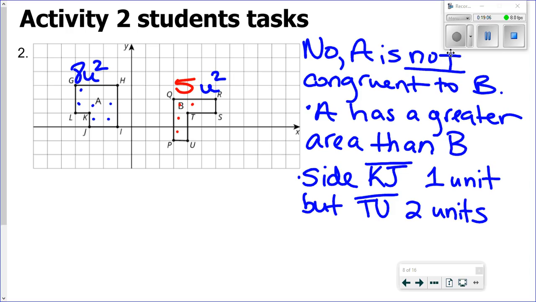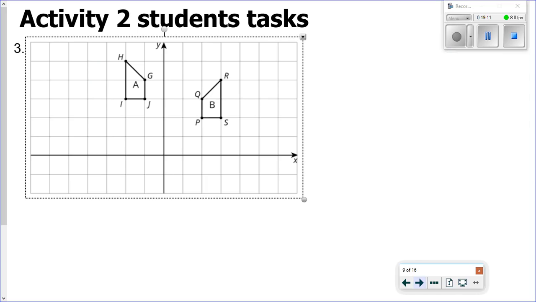Let's go ahead and take a look at the figures in problem 3. Hopefully after you've completed problem 3, you realize that yes, figures A and B are congruent. And we can prove that they are congruent by rigid transformations.